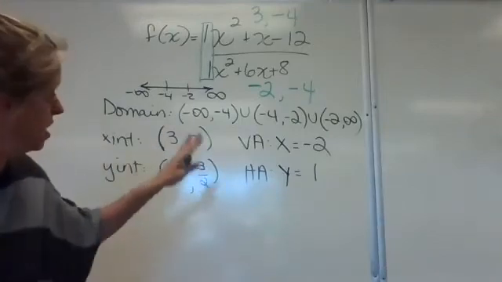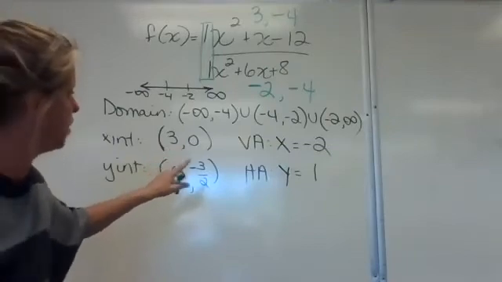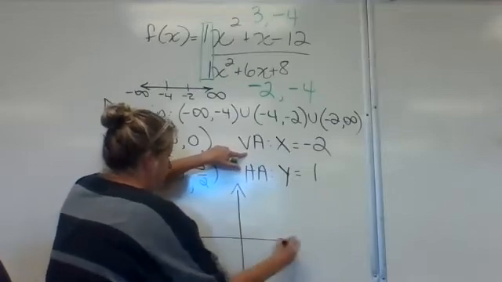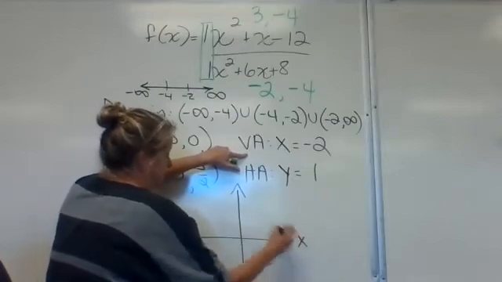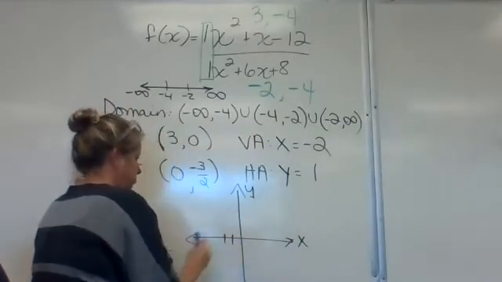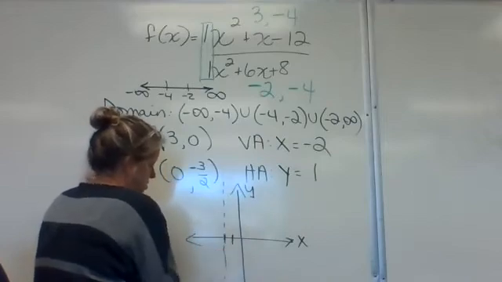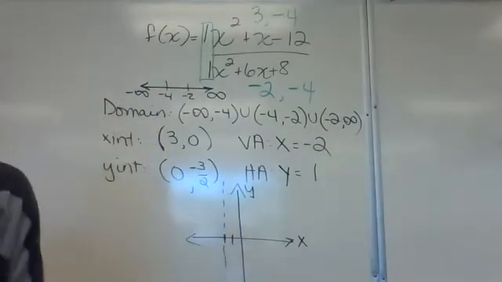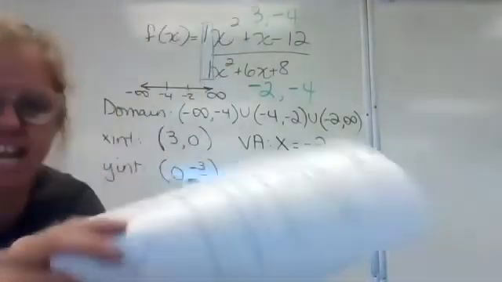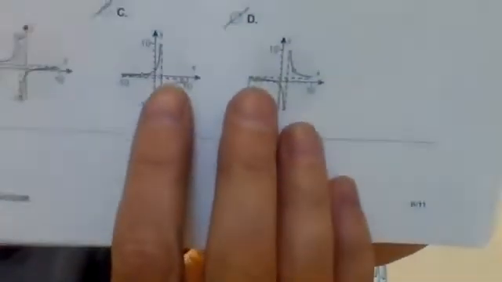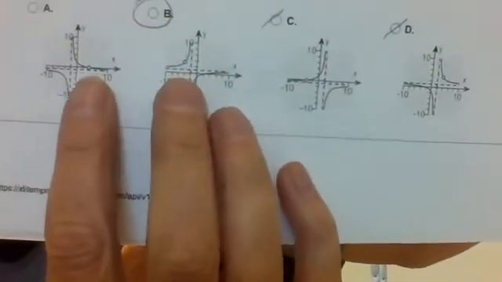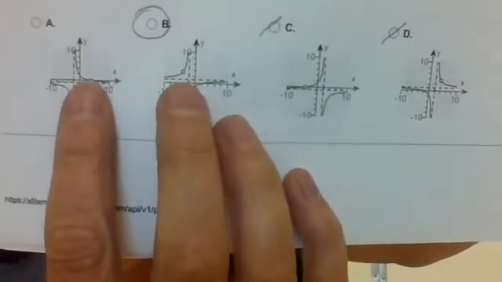So here's what I'm going to go with when I'm choosing. The very first thing I'm always going to look for, just because I hope it helps me, is where the vertical asymptote is. This one is at negative 2. So vertical at negative 2. Let's see what that knocks out. It knocks out C and D, because look where theirs are. They're verticals, but they're both at positive 2. A and B both show the verticals at negative 2.